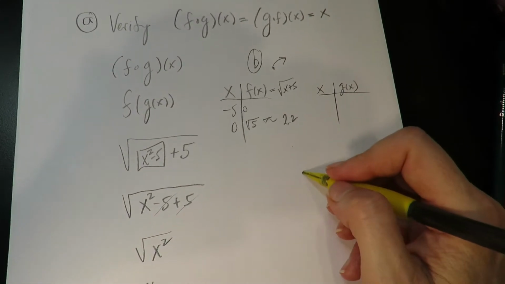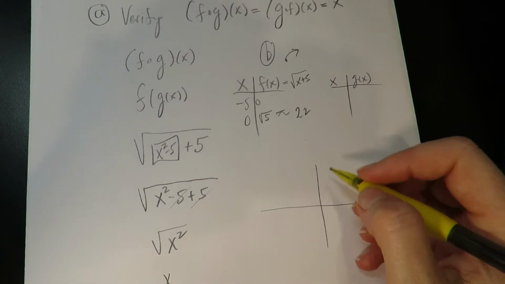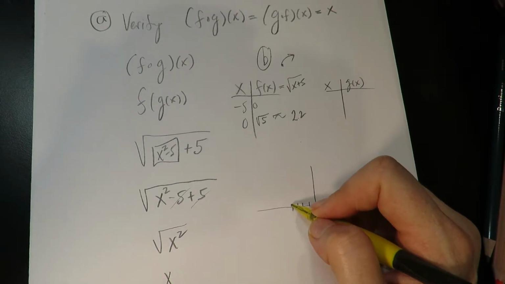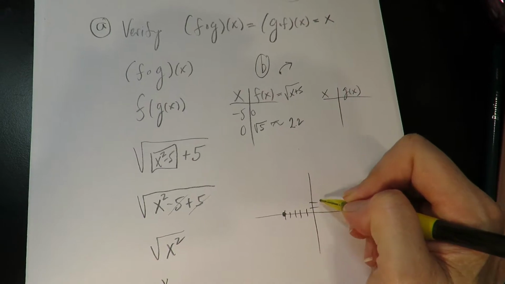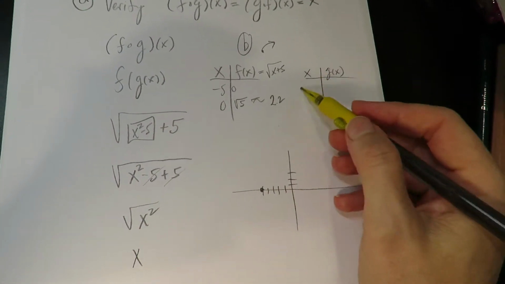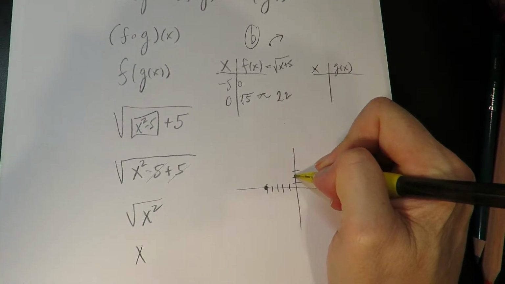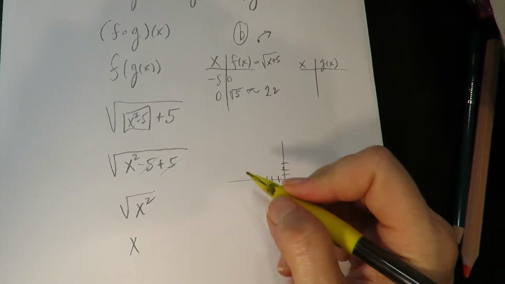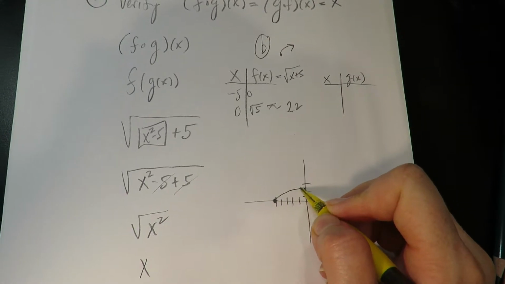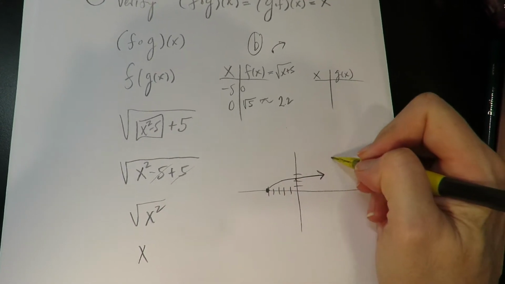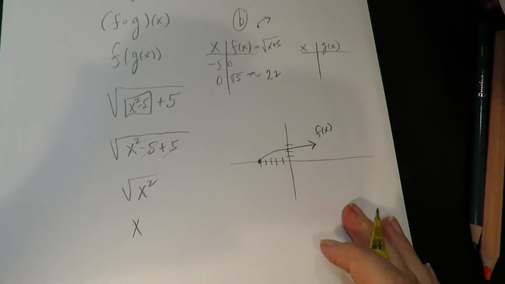All right, so when we graph this, it's going to look like a hook. So it shifted 5 units to the left. I'm going to approximate 2.2. And we know this looks like a hook. So there's your f of x.